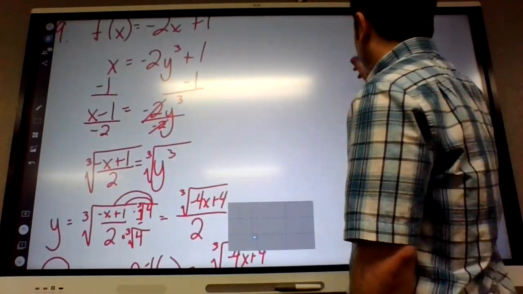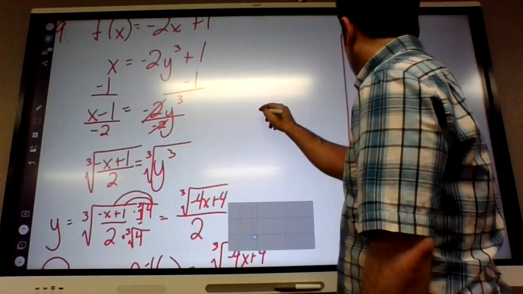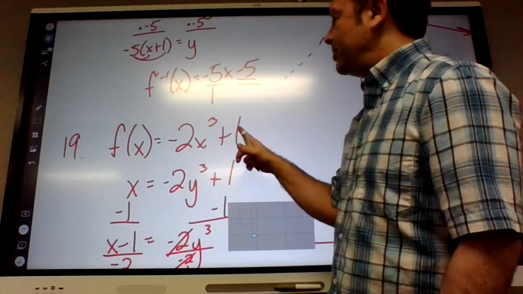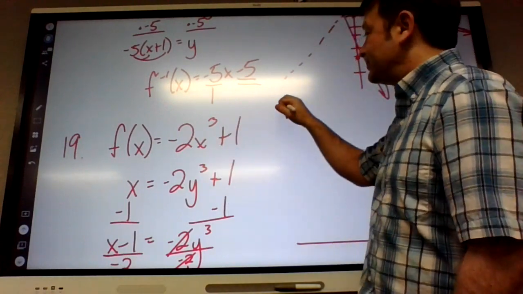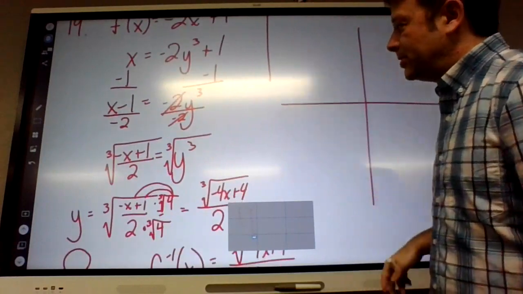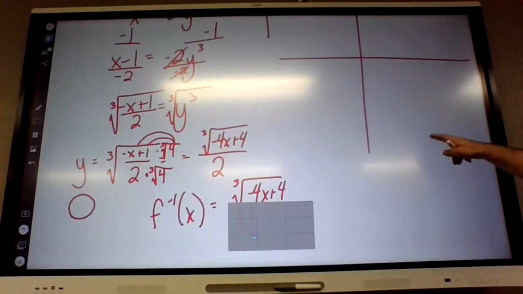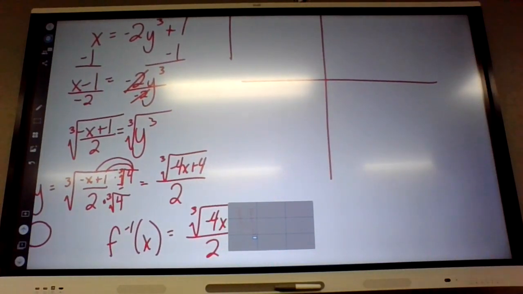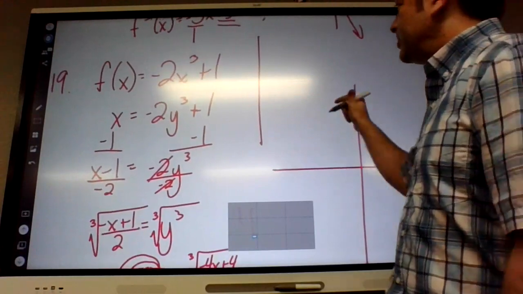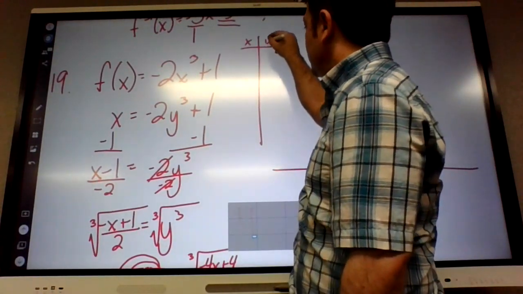Now, how are we going to graph this bad boy? Right question. Now, if we normally don't know what a graph looks like, how do we figure it out? Yeah, make a table, make up some x's, see what it looks like.